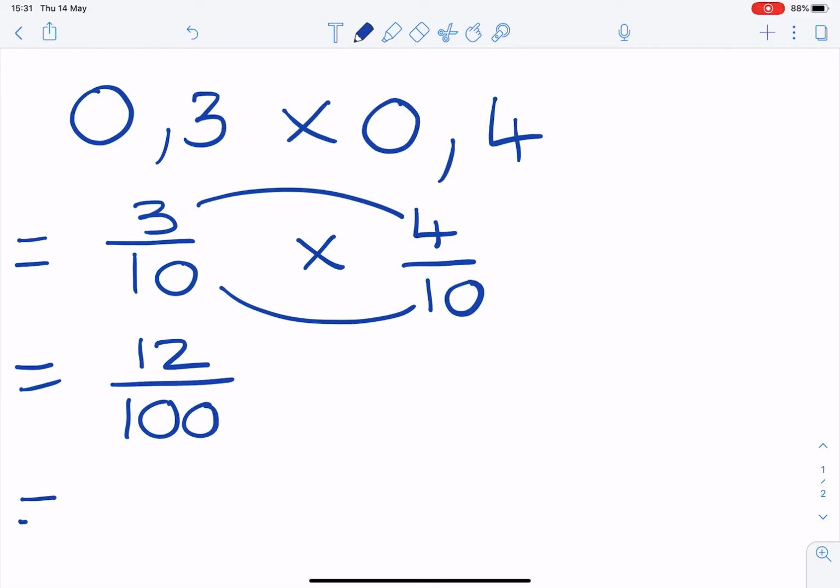So, we need to end in the hundredths column. So the 12 becomes 0,12.